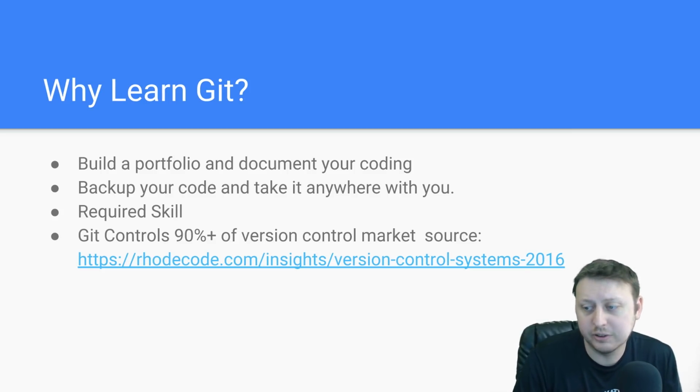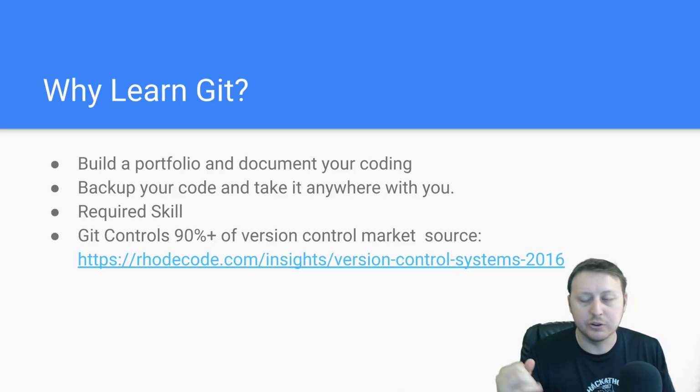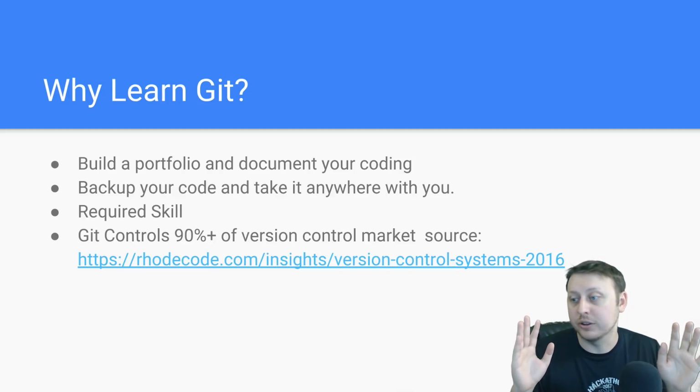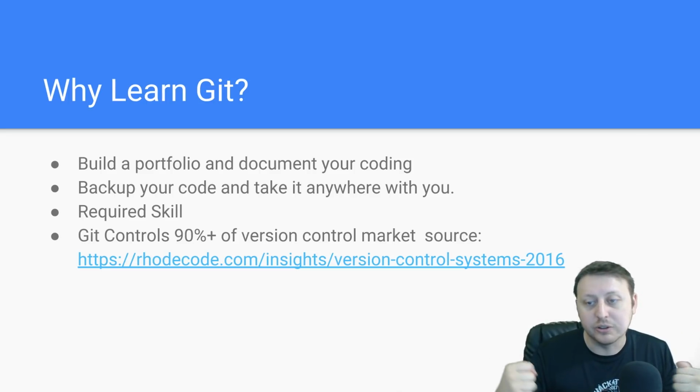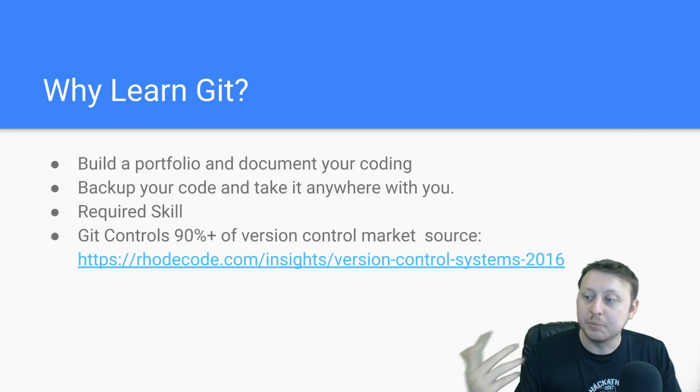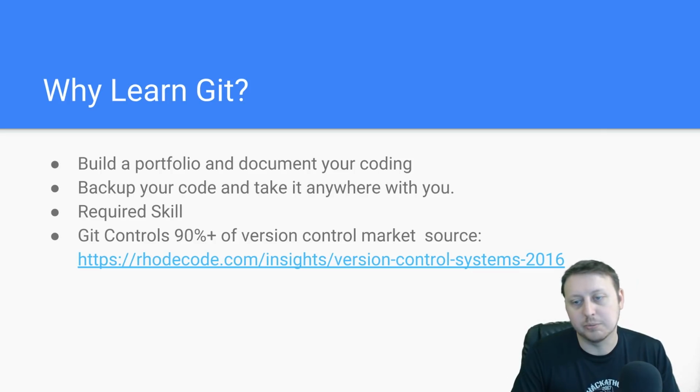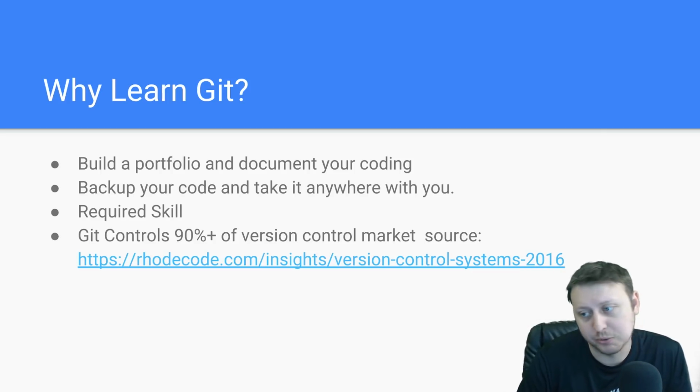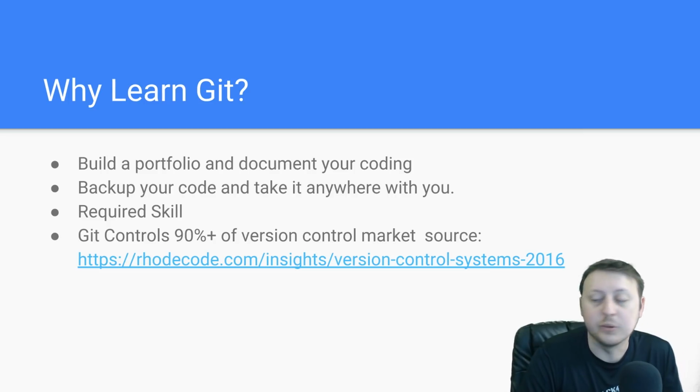It's also going to give us the ability to back up our code and take it anywhere we go, right? You don't have to have your laptop. If you're using Git and GitHub, we're going to be pushing our code out to the cloud, and then we have access to use it anywhere. And that way, other people can look at it, other people can use it and do something with it. Most importantly, I think, it's a required skill in today's working world.